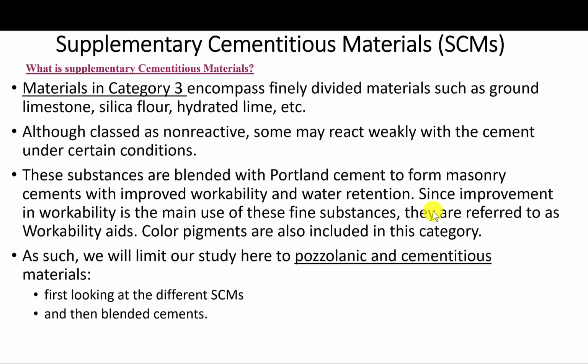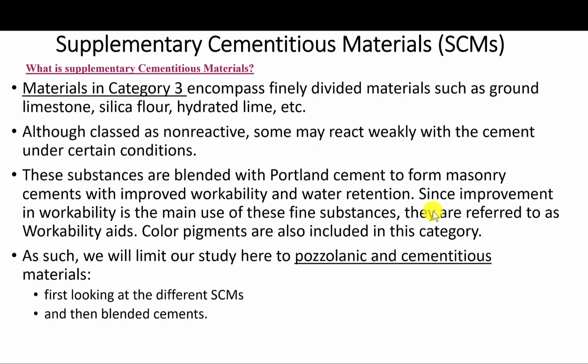Although classed as non-reactive, some may weakly react with cement under certain conditions. These substances are blended with Portland cement to make masonry cements, with improved workability and water retention. If you remember, when I talked about the cement types, we talked about the masonry cement. So this is one of the ways to make masonry cement, by using these products.